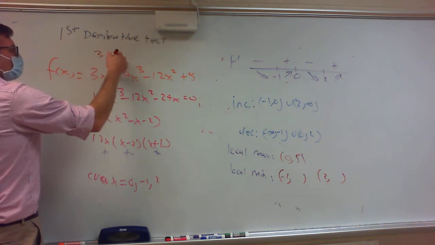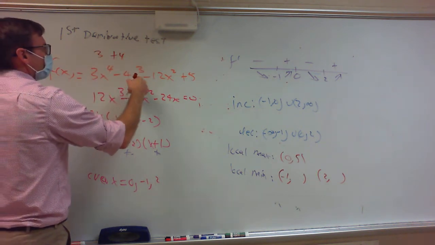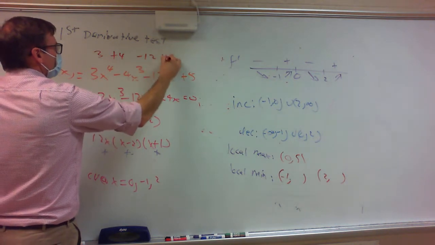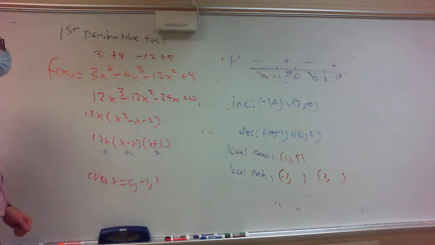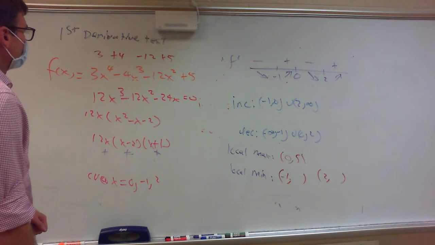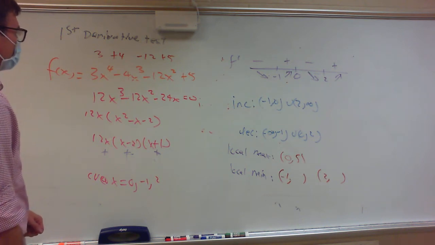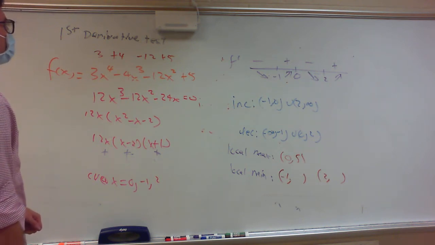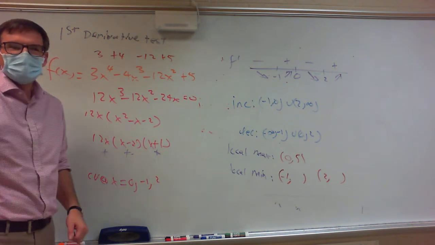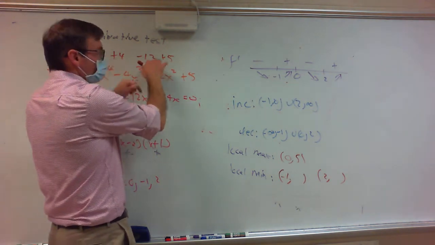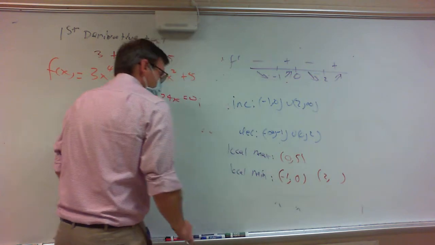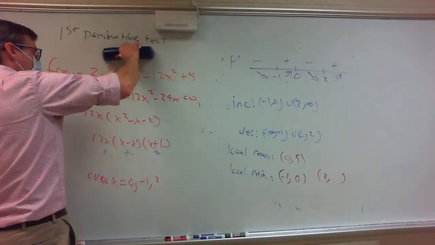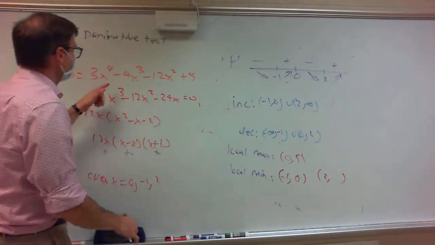Let's see, that's going to give me 3 plus 4 minus 12 plus 5. Did I do that right? Yeah, I did. So what do I get? 0, because 12 minus 12 is 0. And to find the y value of 2, I plug 2 in.